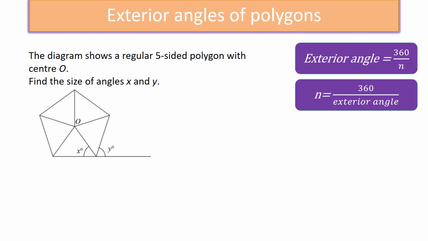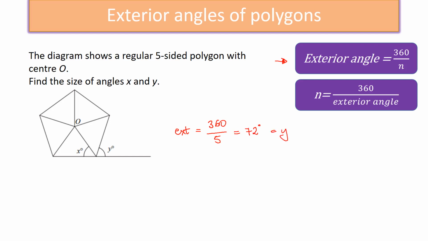In another question, I have a regular pentagon with the center O, and I want to work out the size of angle X and the size of angle Y. Because I know it's a regular pentagon, I can work out the size of the exterior angle, which is Y. Exterior angle equals 360 divided by 5, because it's a 5-sided shape, so that is 72 degrees.